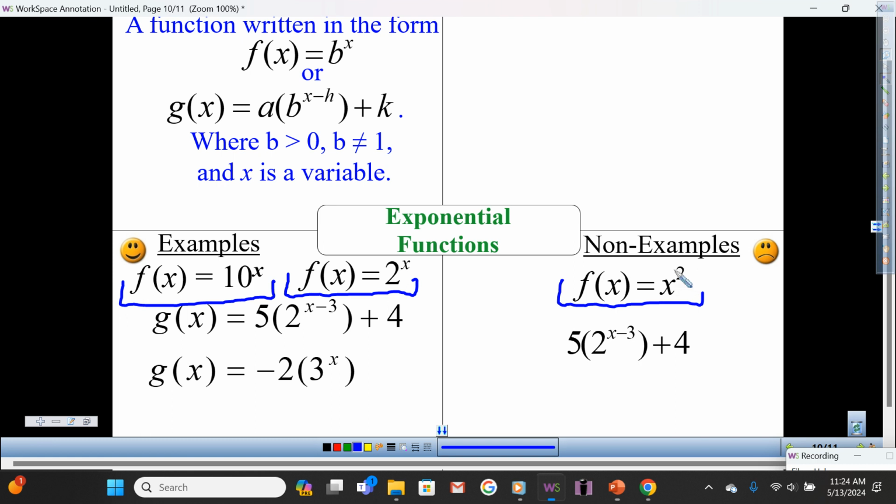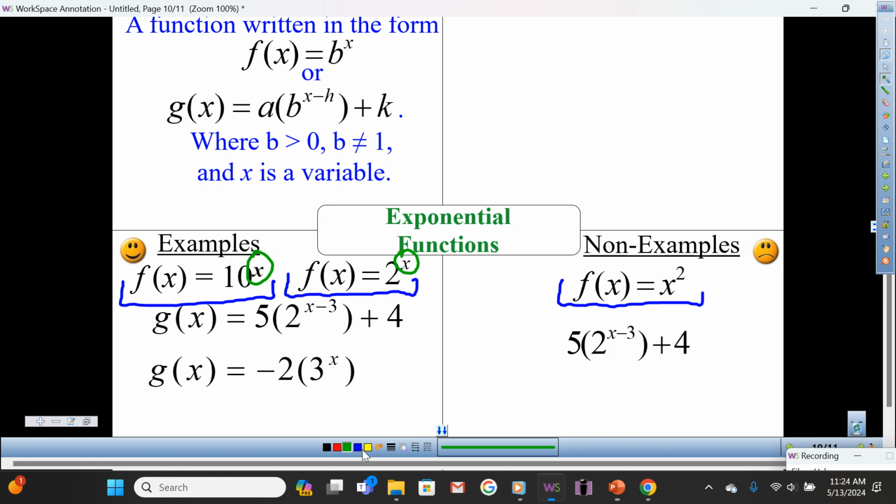Did everybody hear that? He said because the exponent is not a variable. And what is the exponent over here? A variable. The exponent has to be a variable. Okay, this one is not. This one over here was a number. That's why that's not. Now this one, why is this one not an exponential function?